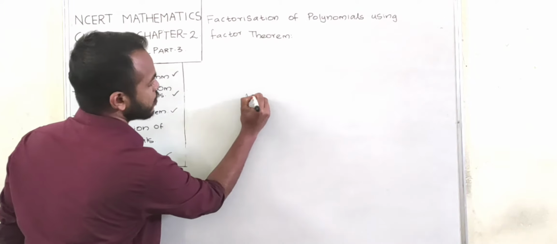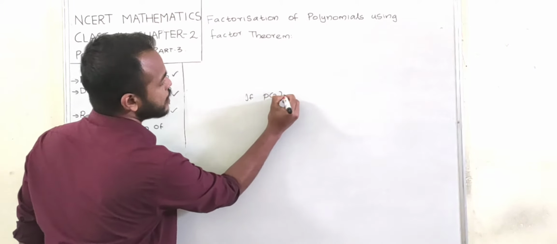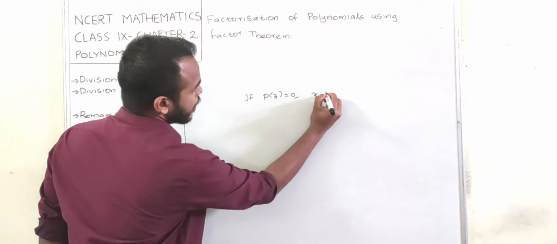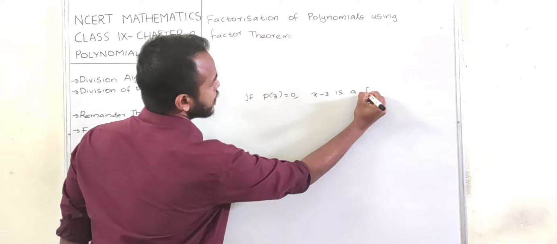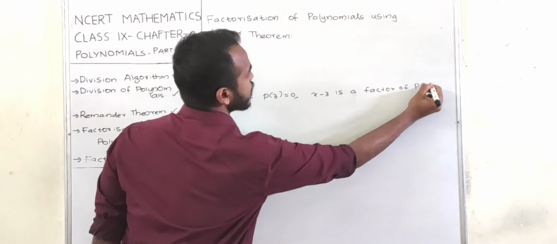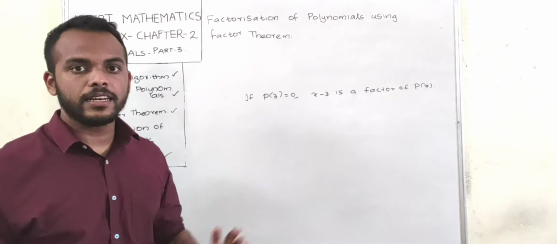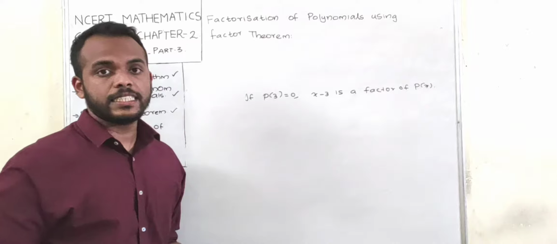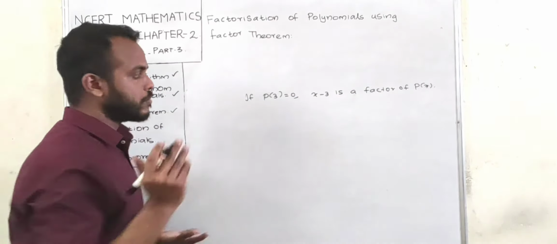If p of 3 is equal to 0, x minus 3 is a factor of p of x. This is the basic criterion to understand factor theorem.